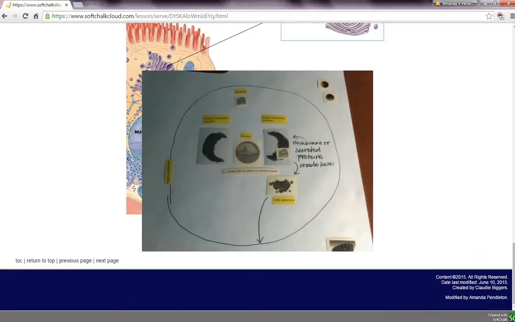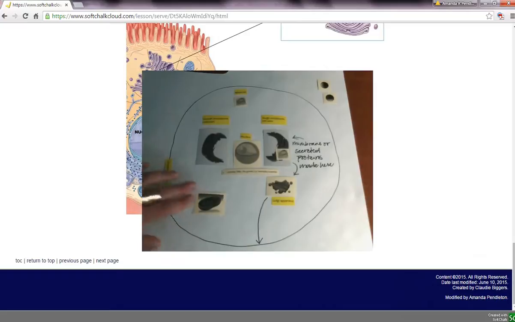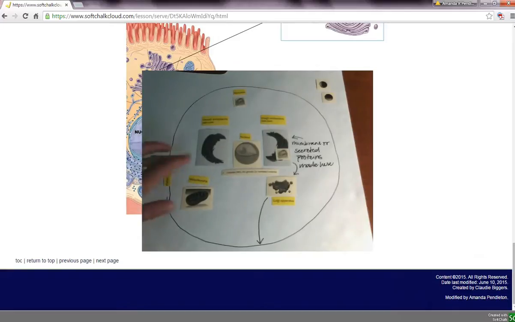Now, let's look at some of these other words. So we have this thing that looks a little bit like a football on the outside, but it's got this wavy interior. Okay. That, if you look at the pictures in your lab manual, hopefully you'll recognize it's the mitochondria. And mitochondria, some of you may have learned in high school, if you had high school biology, they often say mitochondria is the powerhouse of the cell.